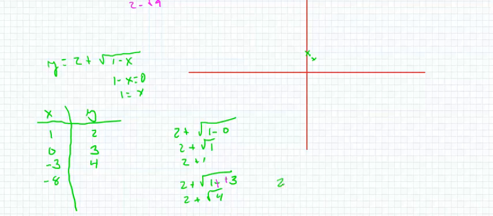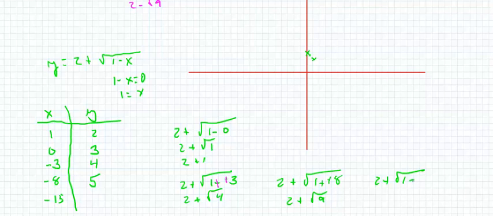Now if I go over 9 from 1, I'm at negative 8. So I have 2 plus the square root of 1 minus negative 8, plus a positive 8, 2 plus the square root of 9, 2 plus 3 is 5. And if I go over in the negative direction 16, I'm at negative 15. 2 plus the square root of 1 minus negative 15, 2 plus the square root of 16, 2 plus 4 is 6.